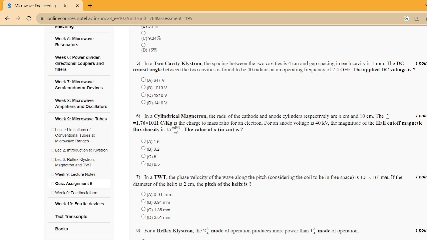If you search for microwave engineering questions, maybe I can give you some suggestions. You can just look at some website where you have assignment questions from different universities, and they will have the questions and solutions. So maybe you can also refer to those.